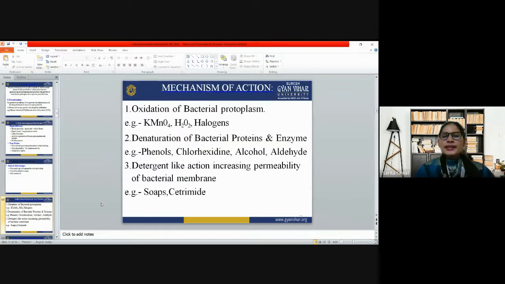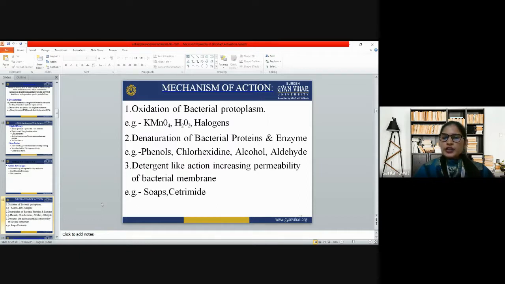And what is the mechanism of action behind disinfectants and antiseptics? So when we see it, their mechanism involves oxidation of bacterial protoplasm. So they can oxidize the bacterial protoplasm. For example, KMnO4, H2O2, and halogens are involved in this mechanism.